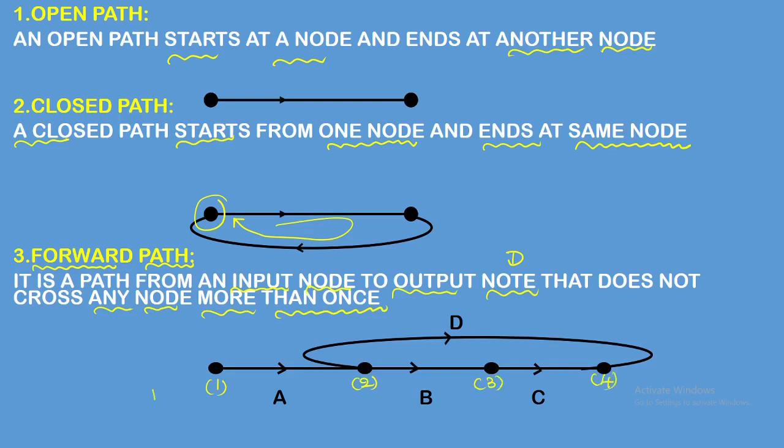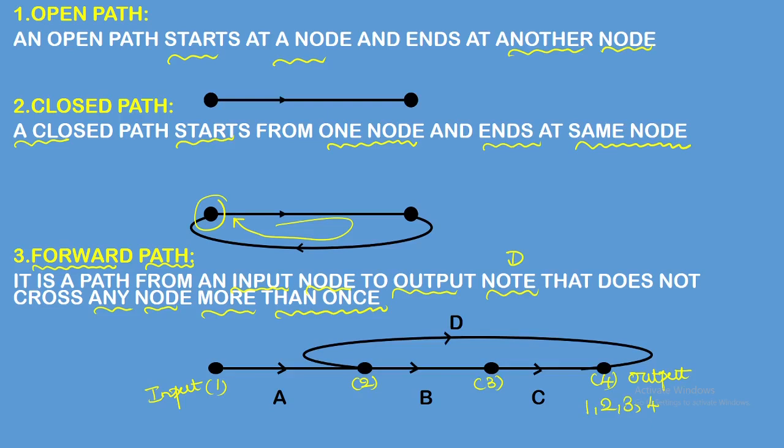If you take this as the input node and this as the output node, you travel from input to output crossing 1, 2, 3, 4. This is one forward path, traveling through nodes 1, 2, 3, 4.